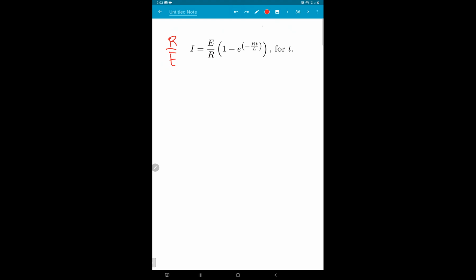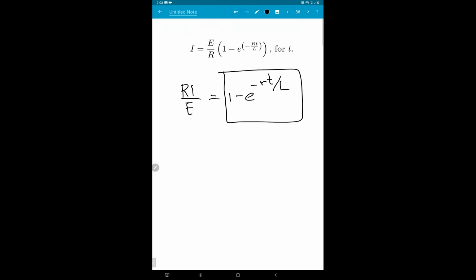So if we multiply by r over e, there we have it. We have just two terms on the right-hand side.